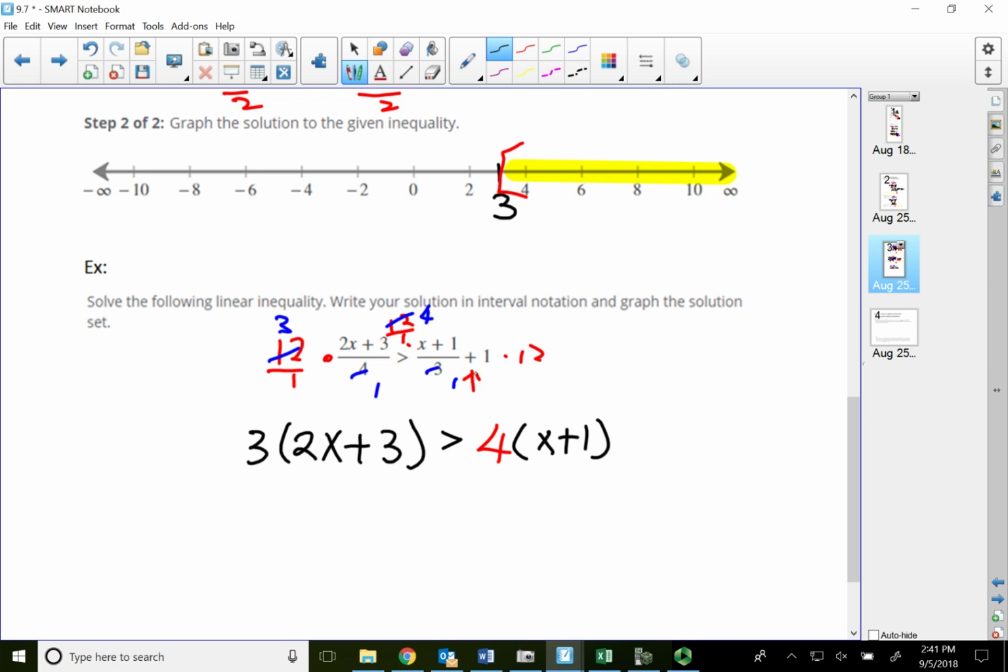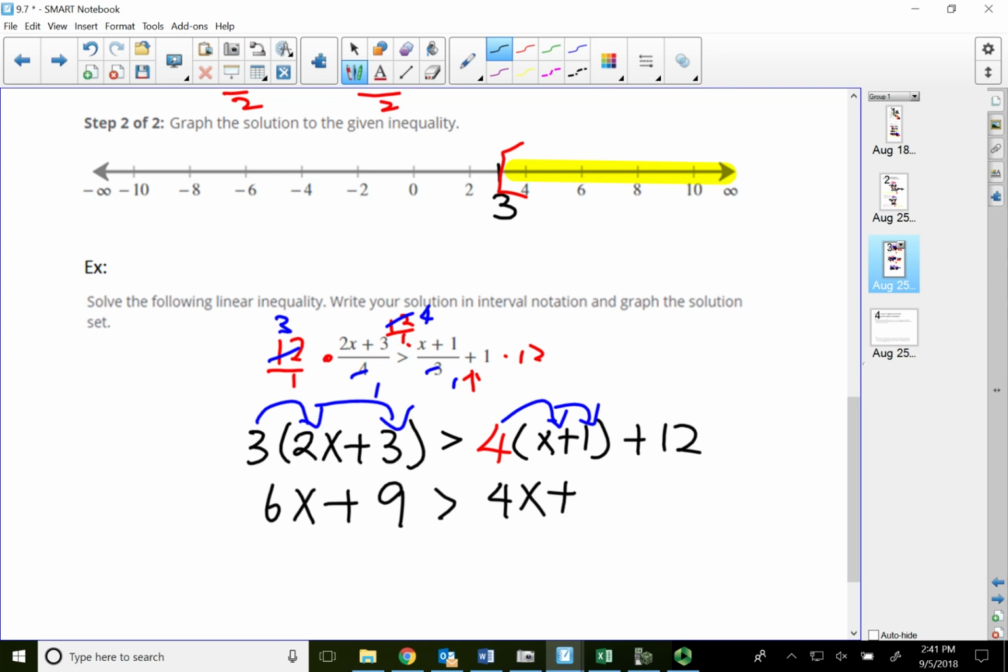All right, my last term, positive 1 times 12, positive 12. Okay. So my first 2 terms have parentheses, so let's do our distributive property. That will give me 6x, positive 9, greater than 4x, 4 times positive 1, positive 4, and still got my positive 12.